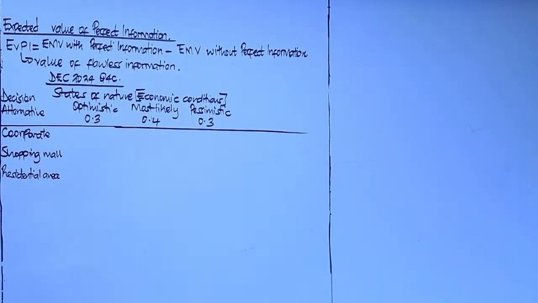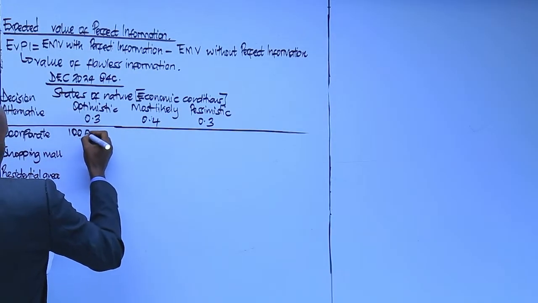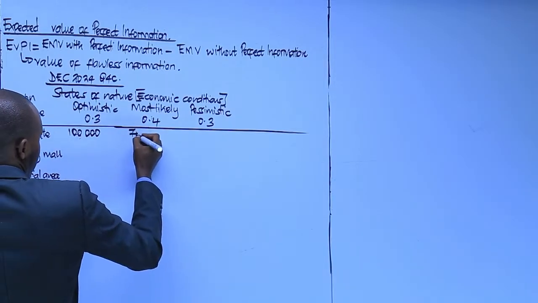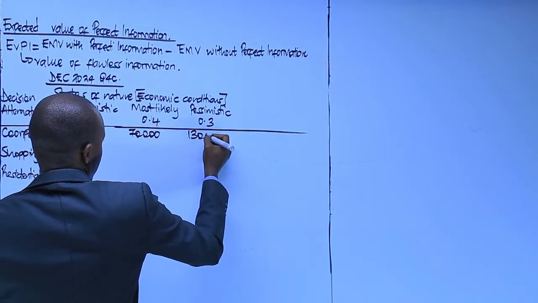And then we now represent our payoffs. Corporate: 100,000, 70,000, 130,000.